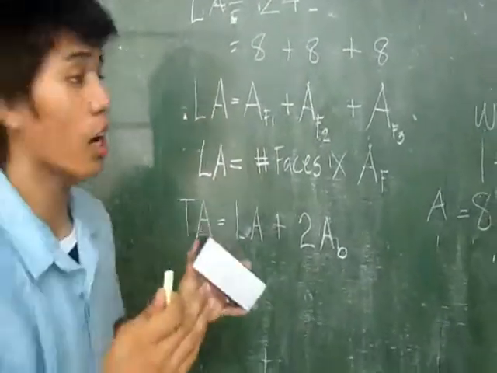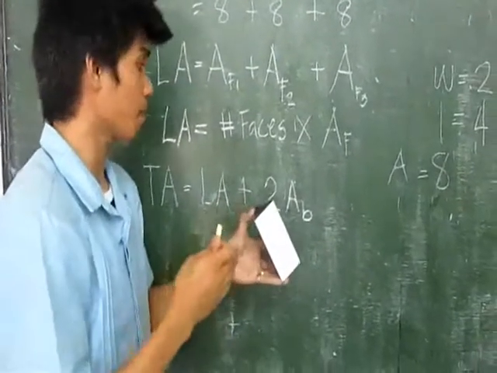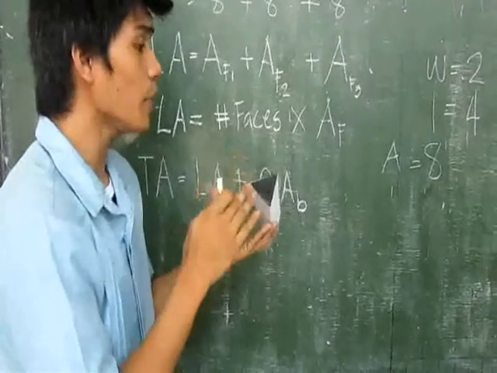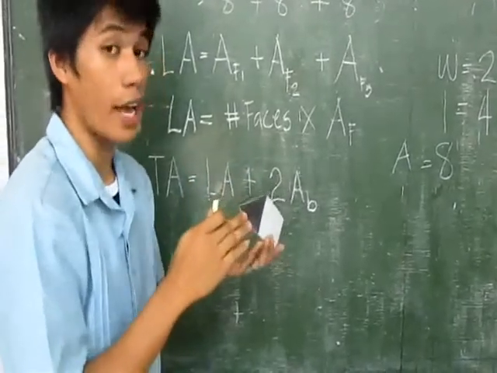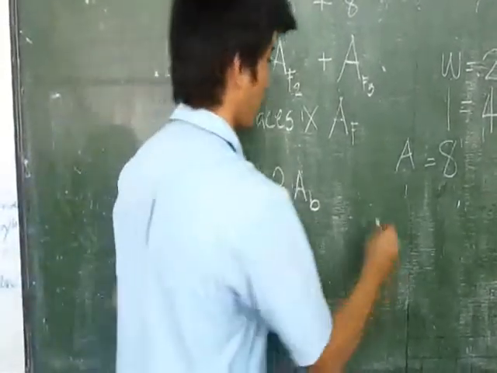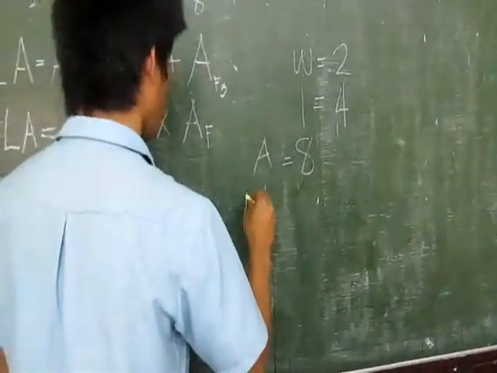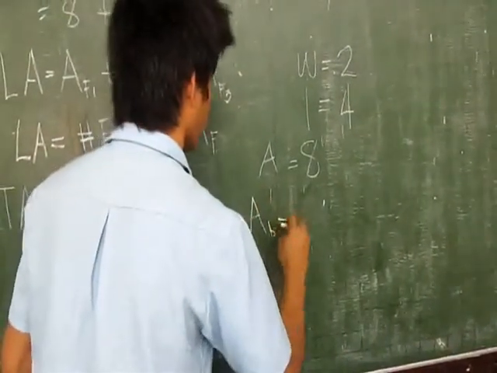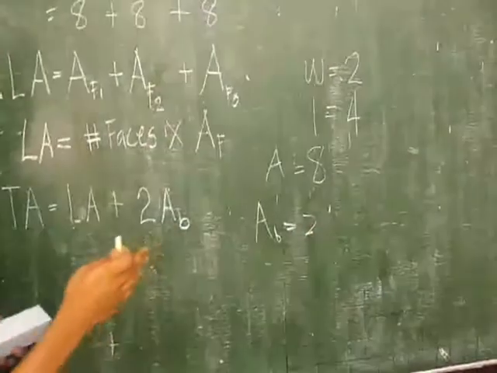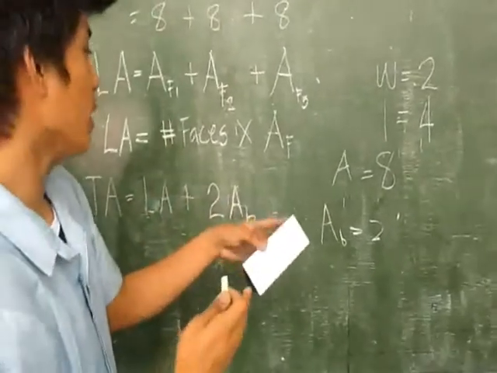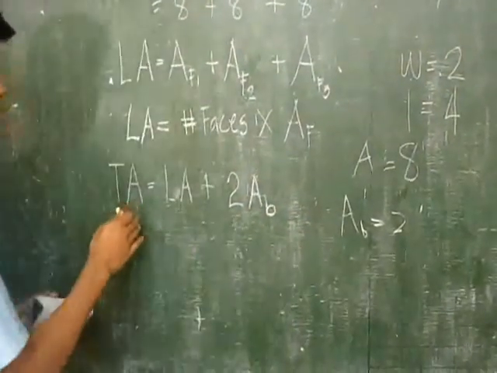Then if the area of our base is 2, we can substitute this to this formula.